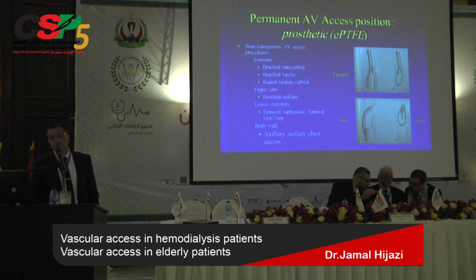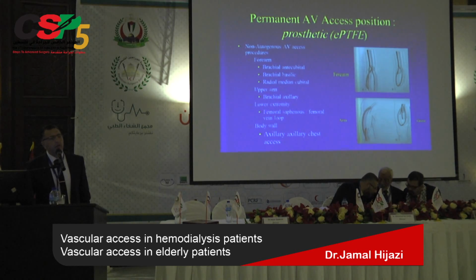If there is no access in the arm because of central vein occlusion, we do femoral PTFE graft. Sometimes we have to do another type of autogenous graft with transposition of superficial femoral vein, sometimes saphenous vein.